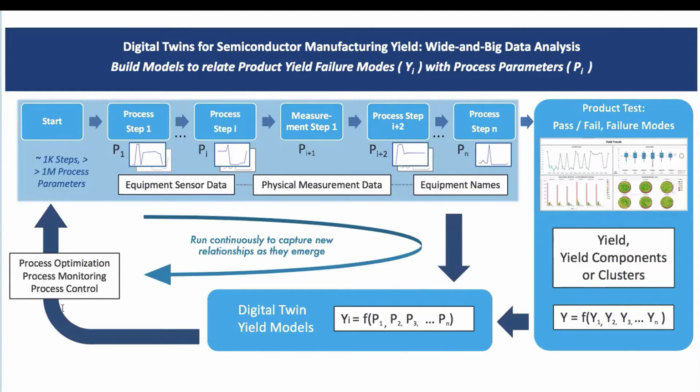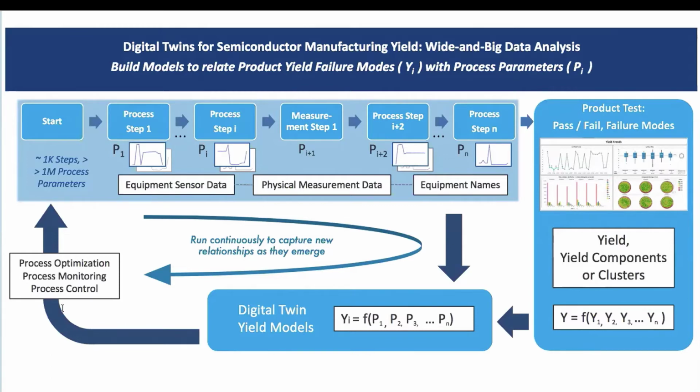Remember, there can be hundreds of steps and millions of individual process parameters, so big data technology is going to be needed. These digital twin models can be used in different ways. They're a guide to improving the process. It would also be advisable to consider monitoring the important process variables. And finally, the model can provide feedback to dynamically adjust process inputs in flight for maximum yield.